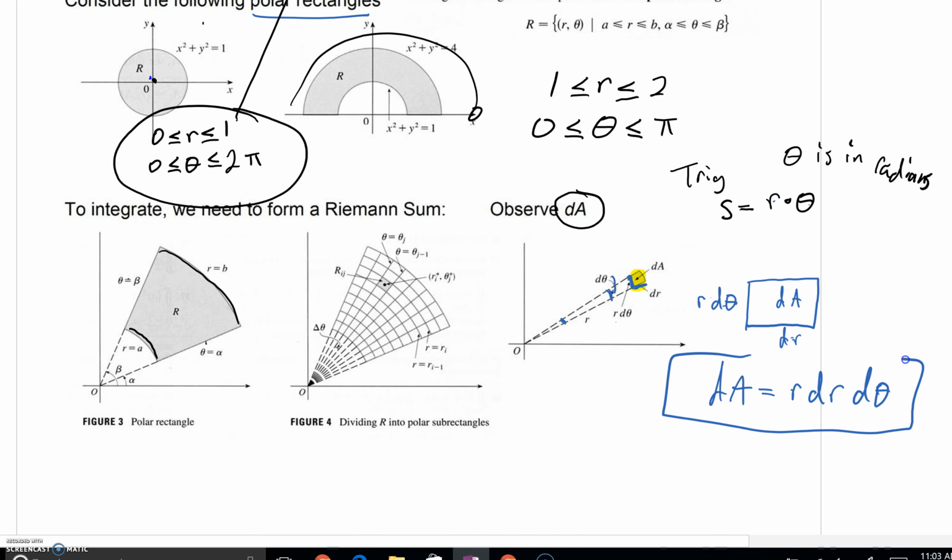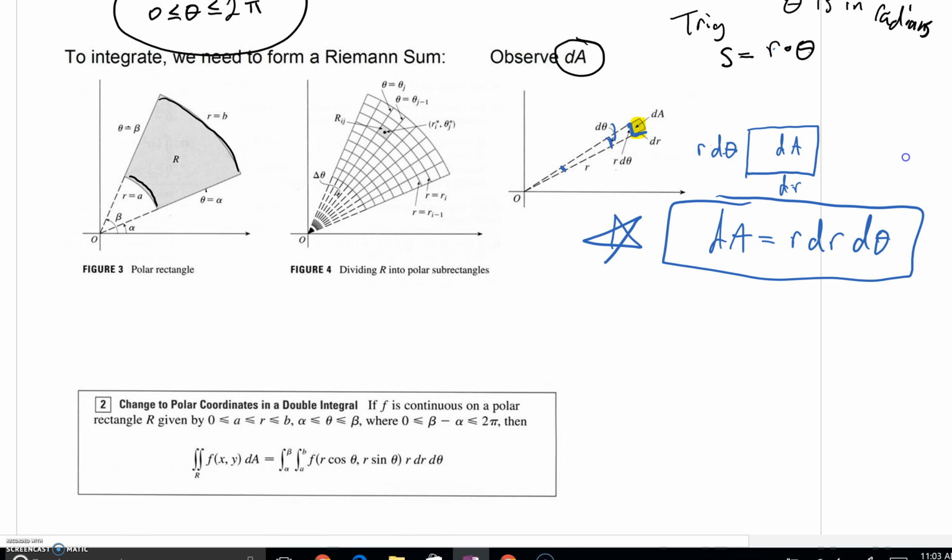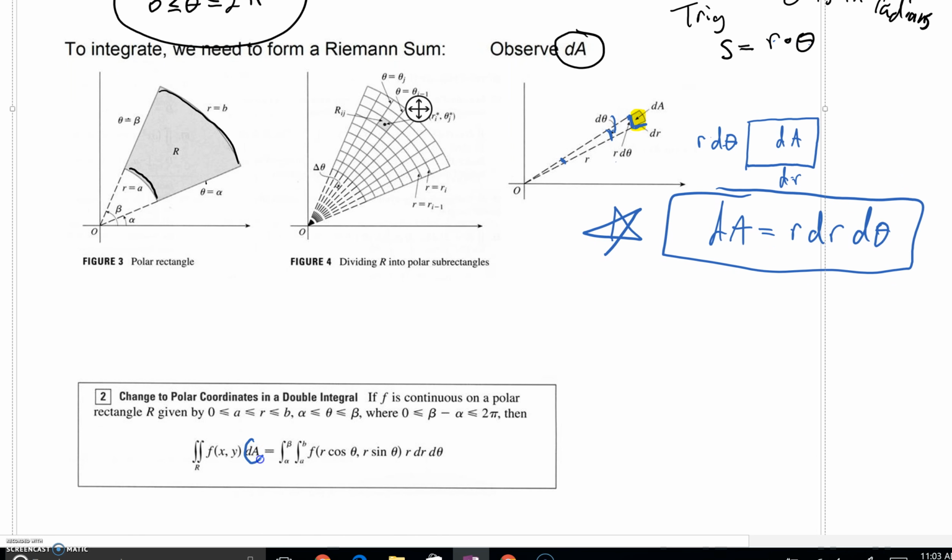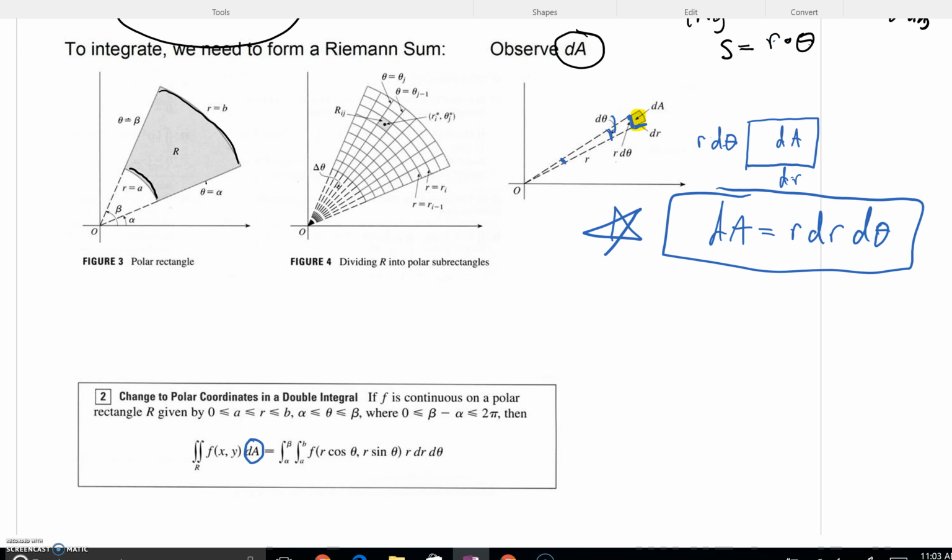This right here is the critical link between integrating in rectangular form and integrating in polar form. When you have your dA, we're going to change that to r dr d theta.